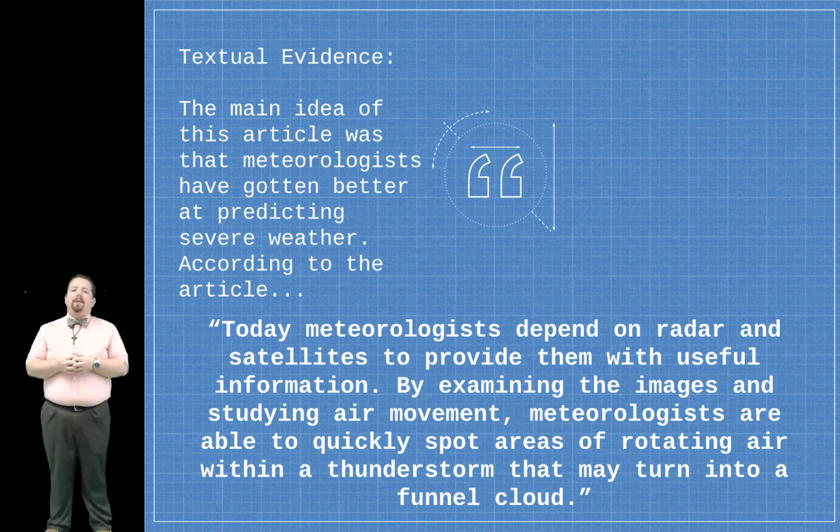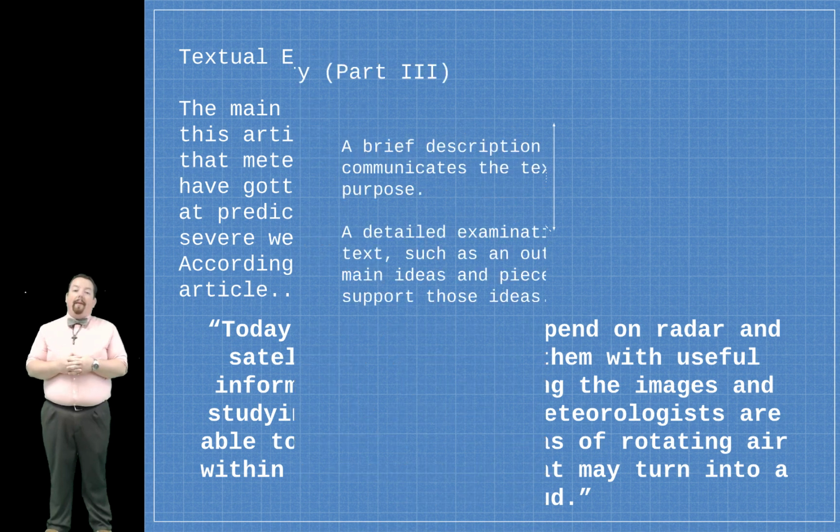By examining the images and studying air movement, meteorologists are able to quickly spot areas of rotating air within a thunderstorm that may turn into a funnel cloud." So that was a quote that I pulled straight from the text to prove my point. That quote pretty much sums up what I was saying, that meteorologists have gotten better at predicting the weather.